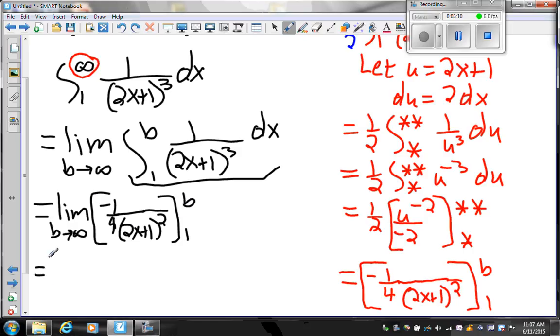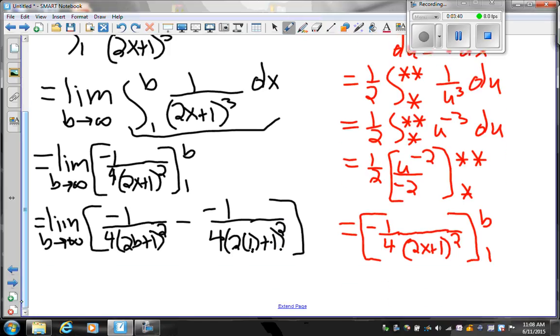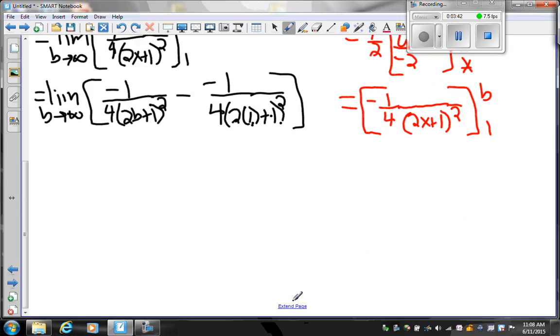First, we substitute in b, the upper limit of integration. (2b plus 1) squared, minus, then we substitute in the lower limit of integration, which is 1 here, squared. Now we can simplify some, and then try to take that limit.